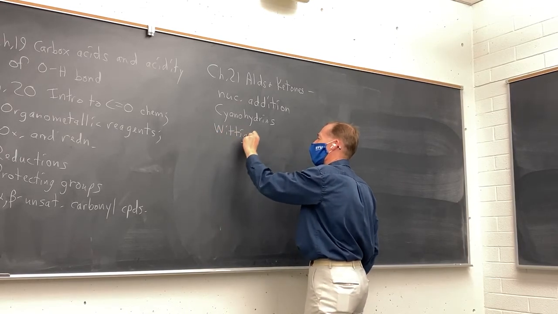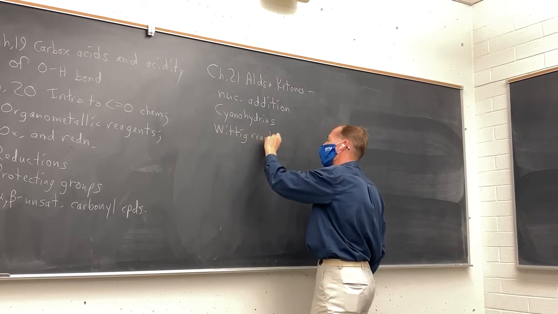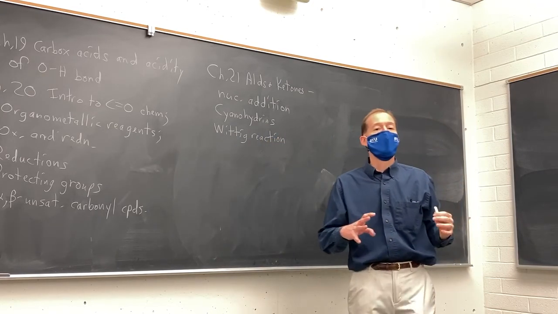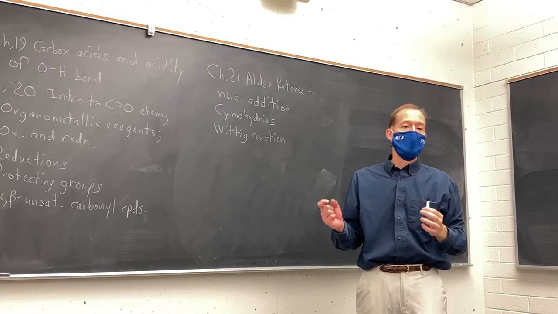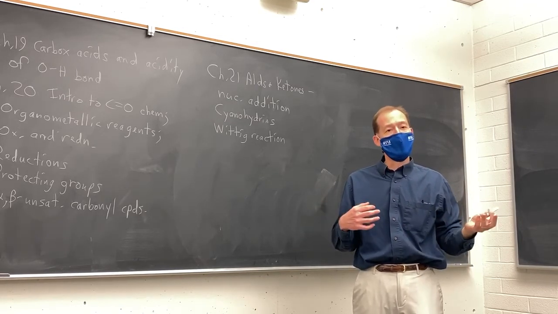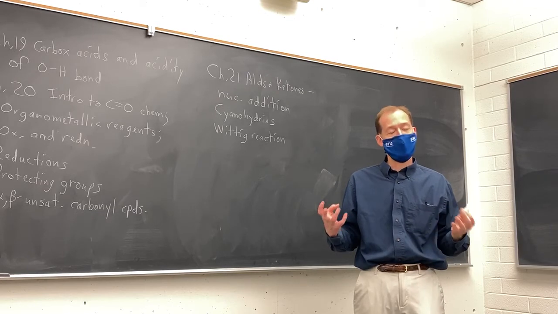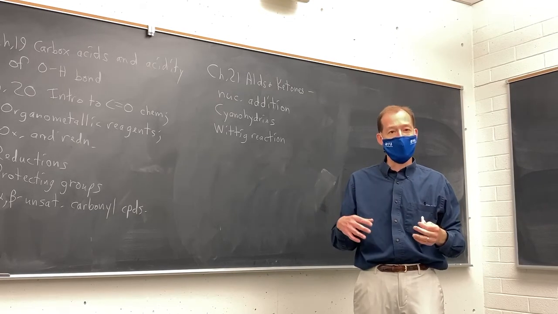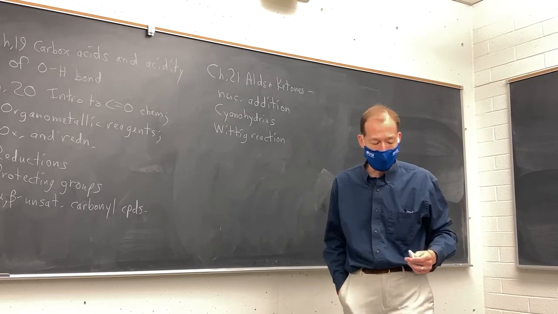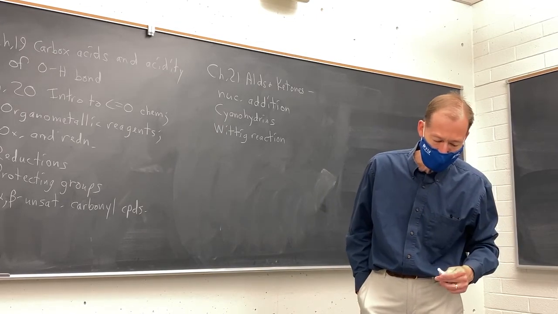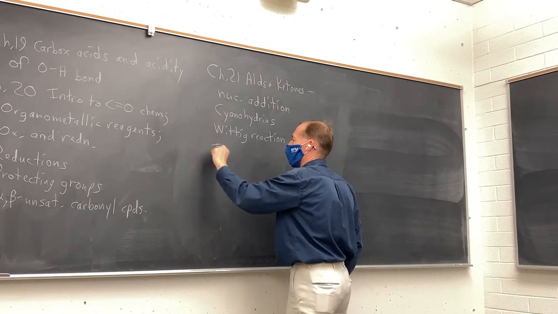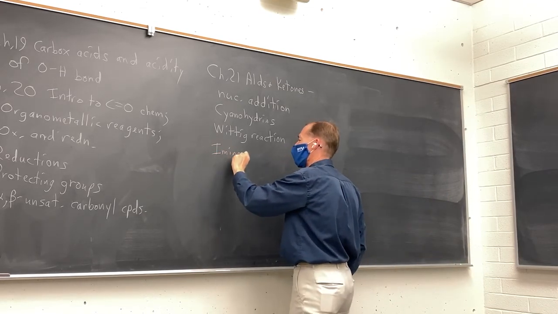This is a unique reaction in terms of its mechanism. It's also interesting because for most alkenes, you've got two different combinations of a Wittig reagent and an aldehyde or a ketone that can be used to make them, and being able to identify which one is the best is an important skill in this case. And then we had imines and enamines.